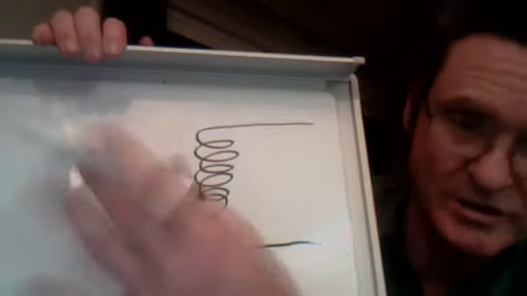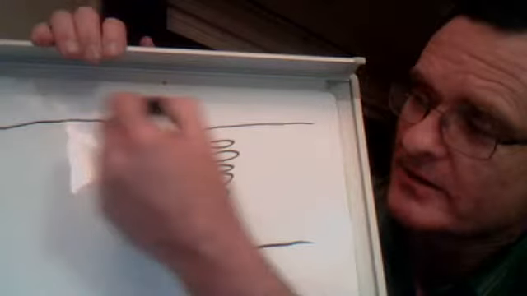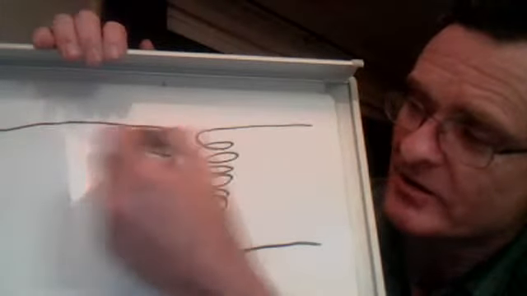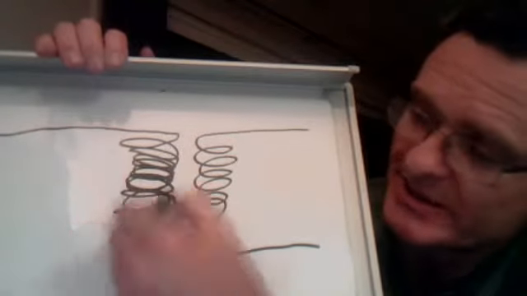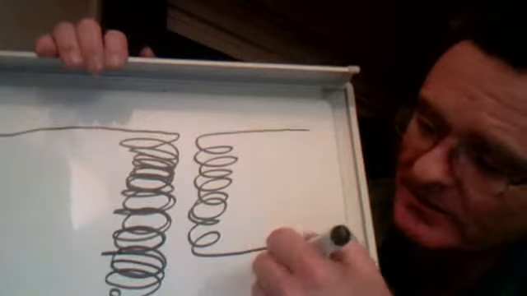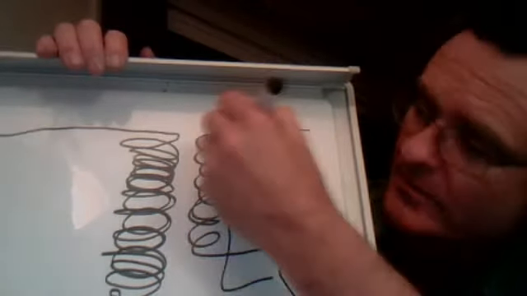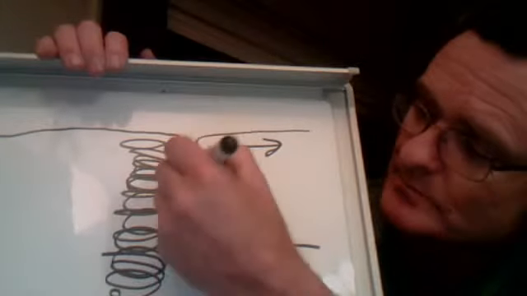And then a transformer is nothing more than another coil of wire that is brought into close enough proximity to the first one to induce or transfer a voltage from one coil into the next.